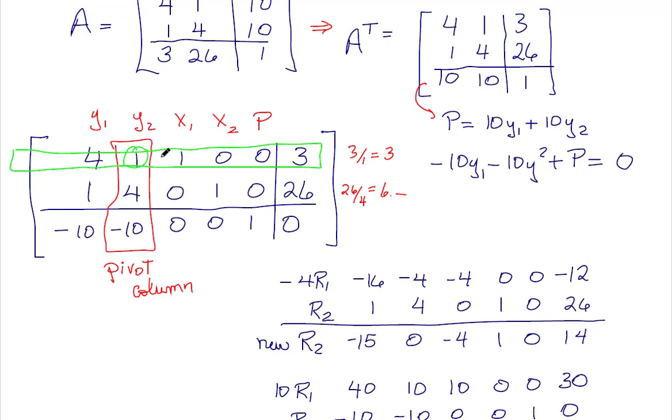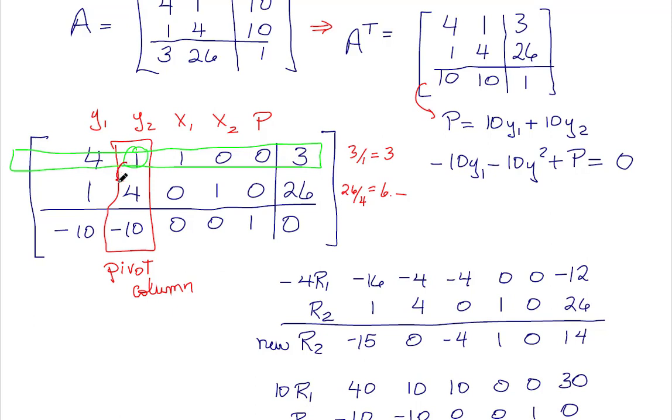So this would be the smallest, and I already had a 1 there. If I would have picked this column, which I could have, then I would have had 3 divided by 4, which is the smallest. But then I've got this 4, and I'd have to get fractions, and I didn't want to do that. So here's my pivot column, pivot row, got a 1.